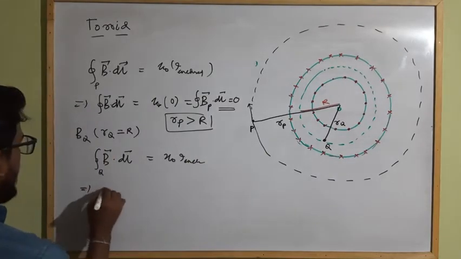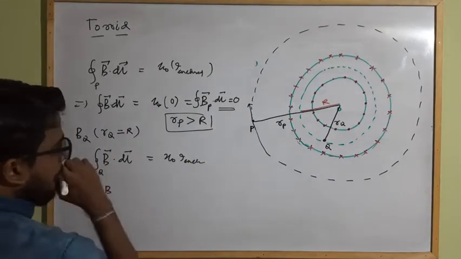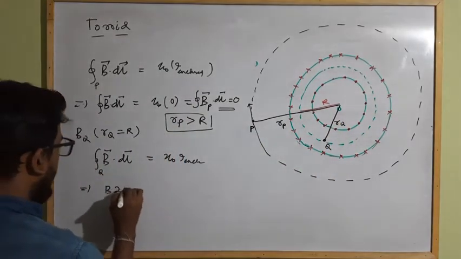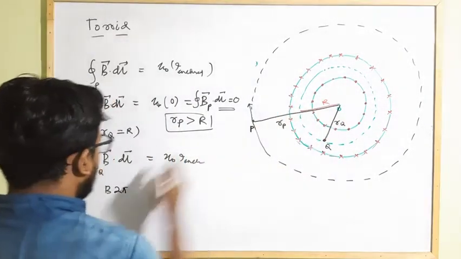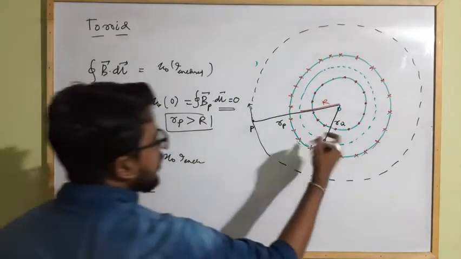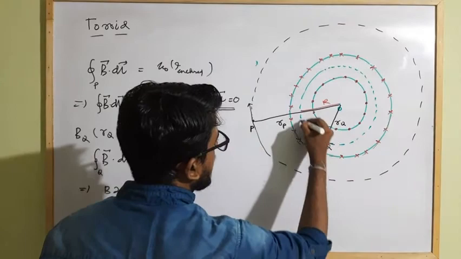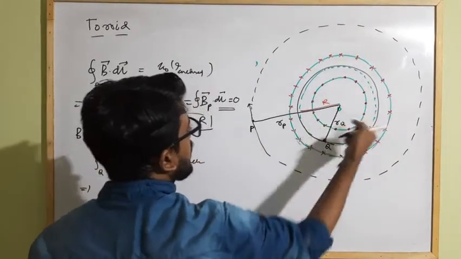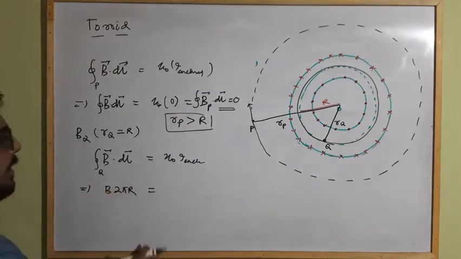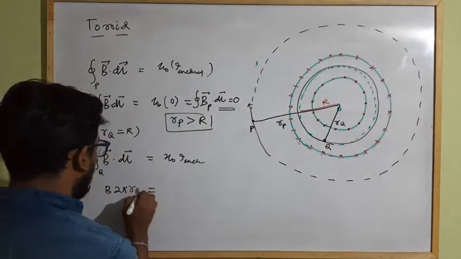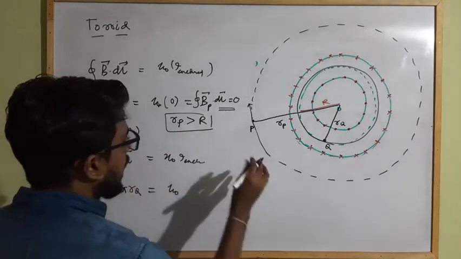So this can be written as B times dl, which is in the same direction, so it will be 2 pi R, equal to the closed integral over this segment. If the radius is RQ, the total length will be 2 pi RQ, or RQ is nearly equal to R, equal to mu naught times I enclosed.